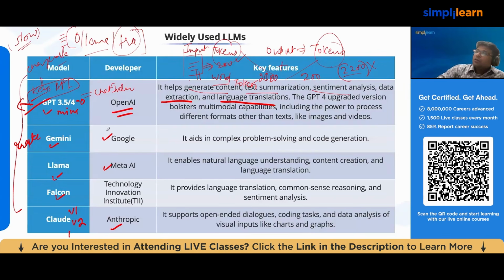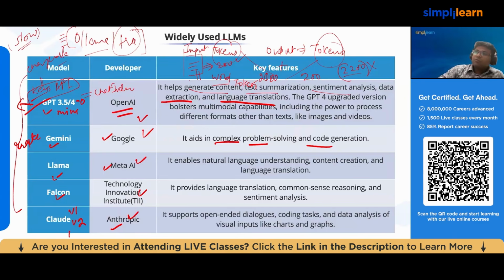Now, coming back to Gemini, it aids in complex problem solving and code generation. If I were to tell you which of these models is best, whether OpenAI is best, or Google's is best, or Llama, or Falcon, or Anthropic, unless you use it, you will never know what is best suited for you.